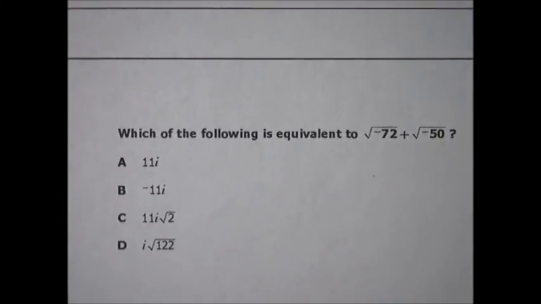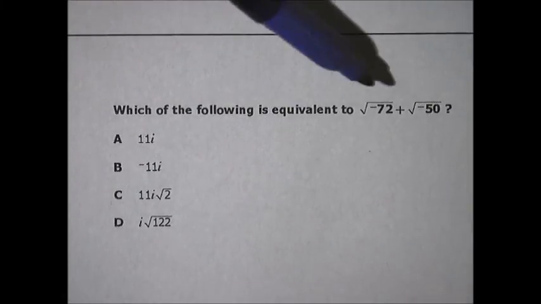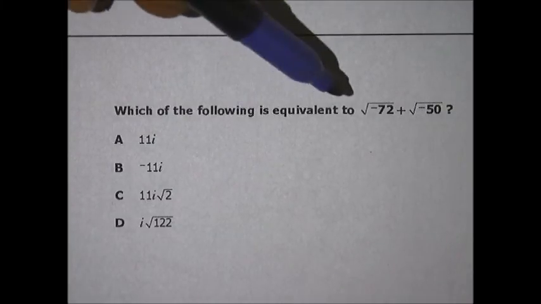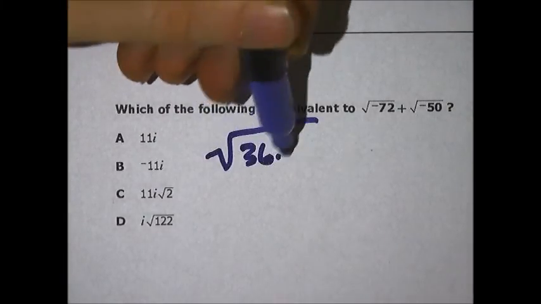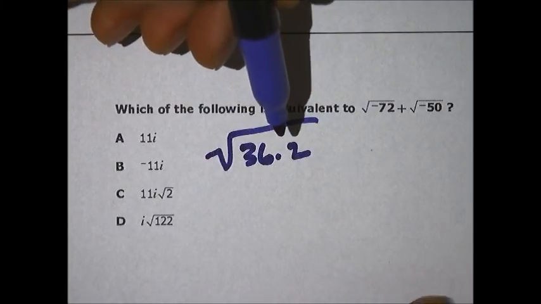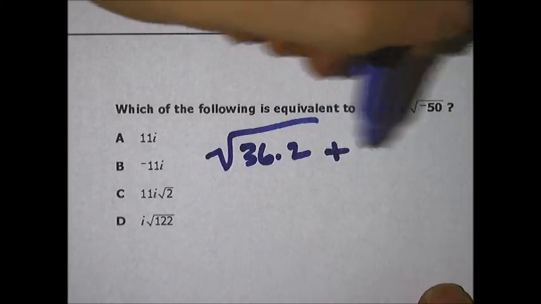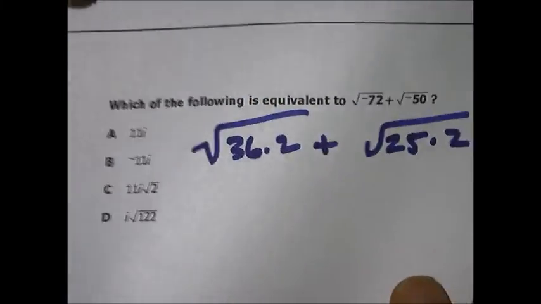In the next one, it says, which of the following is equivalent? So we have two different square roots. We see a negative symbol underneath, so you know that the letter i is going to be involved. I break each one down and say that 72 is 36 times 2, and I'm just keeping that i in my mind for whenever I pull the 6 out from the 36. We're adding. 50 is going to be 25 and 2.